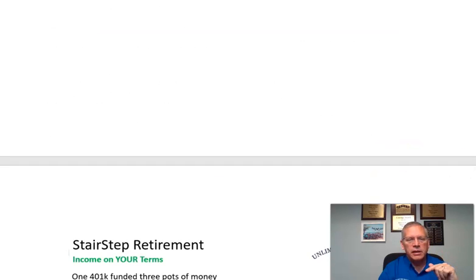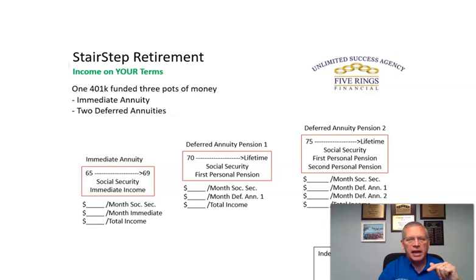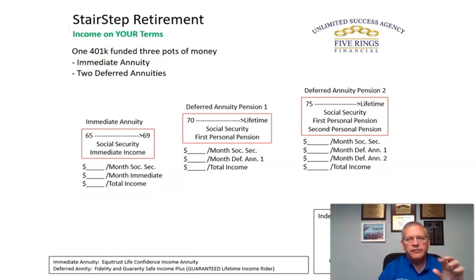Next document I'm going to talk about is the stair-step retirement. Stair-step retirement has been very good for me and Kim when we talk to people. And the reason stair-step retirement came up is the gentleman I was working with, he had about $300,000. He didn't need the money immediately, but he wanted a little bit of money. He was getting Social Security, his house was paid off, all of those things.